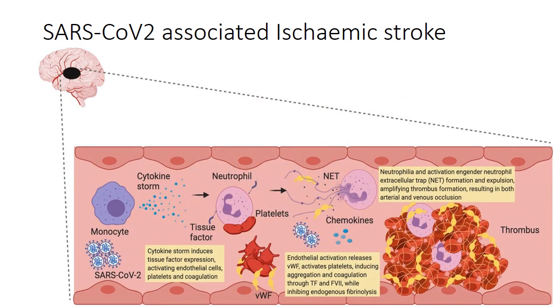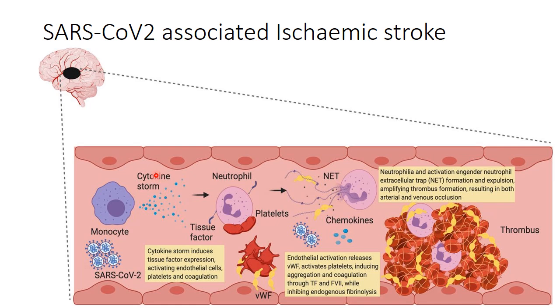So if we see the pathogenesis behind it, let me just highlight it with a laser pointer for you. Okay, so it is nothing but the SARS-CoV-2, which allows increased proliferation or stimulation of monocytes. These monocytes typically produce a lot of cytokines here and generate what is called the cytokine storm.